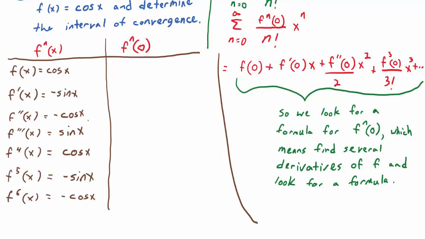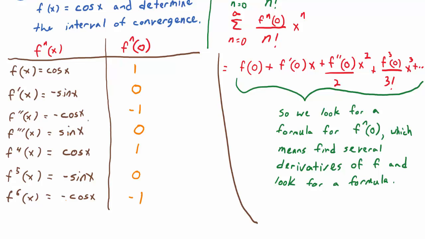What's the cosine of 0? 1. So over here we have 1. What's the sine of 0? 0, negative 0 is still 0. Negative cosine of 0 would be negative 1. Sine of 0 would be 0. Cosine of 0 would be positive 1. Negative sine of 0 is 0, and negative cosine of 0 would be negative 1.